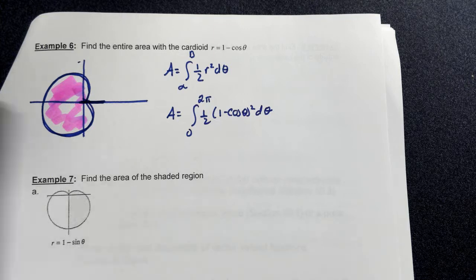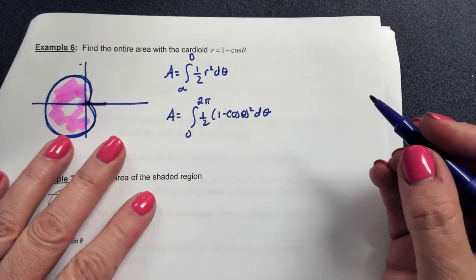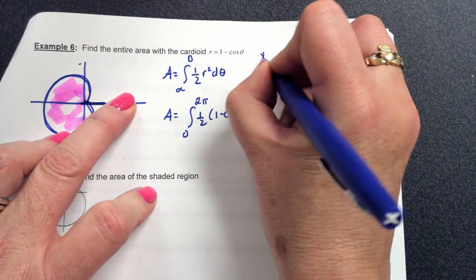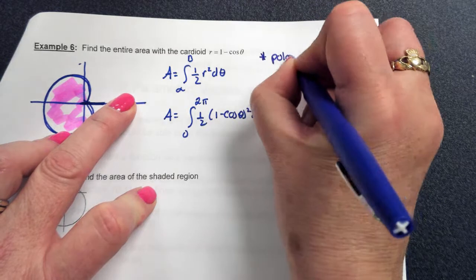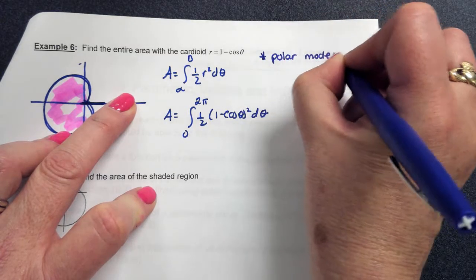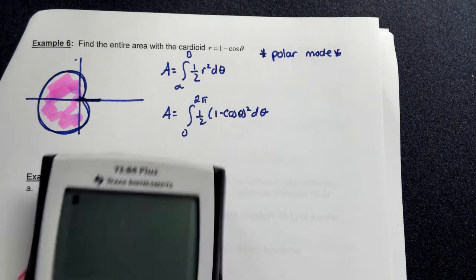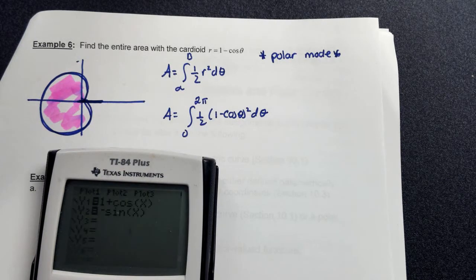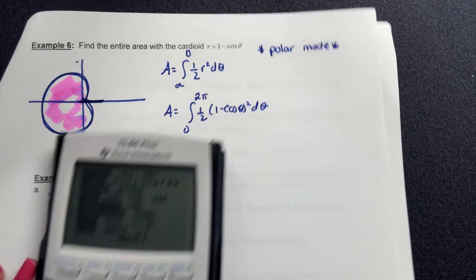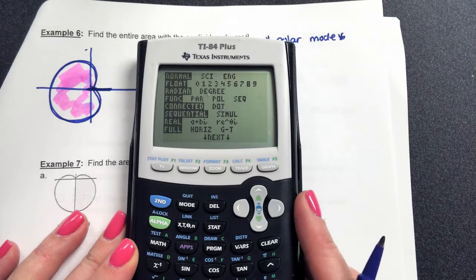In terms of your calculator, these are polar curves. Change your mode into polar mode. Remember, guys, how you change your mode on the calculator.